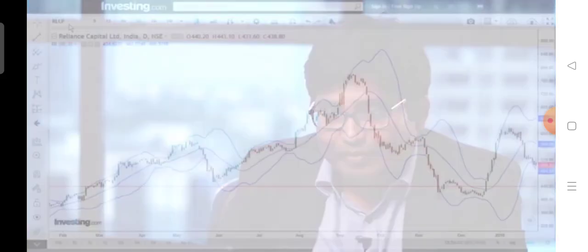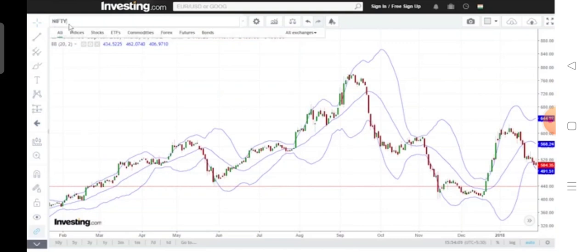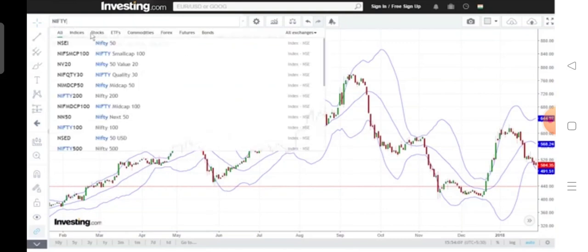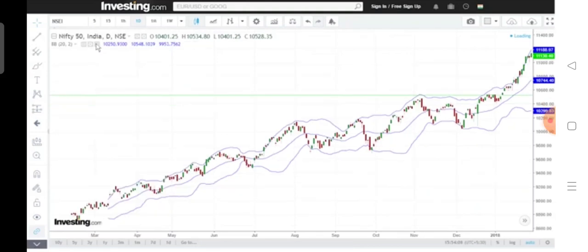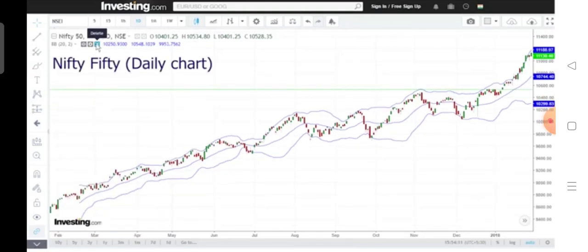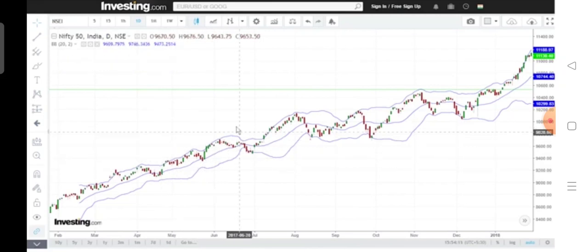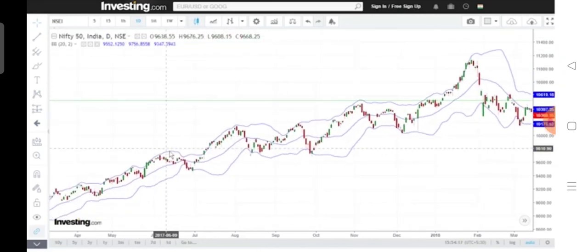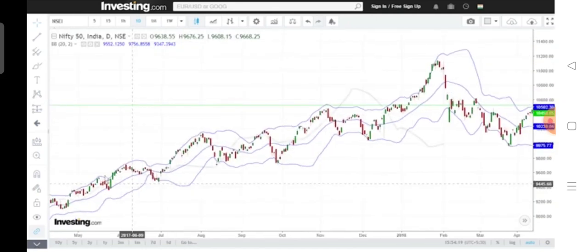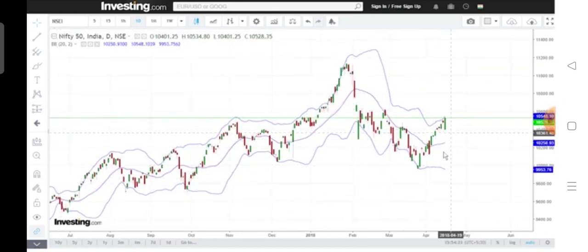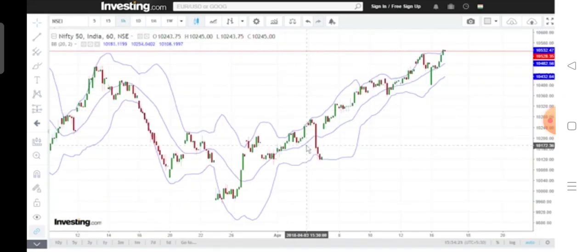For example, let me go to a Nifty chart here. Again, we have shown the Nifty chart in the beginning. See, initially during this up move, the mid Bollinger line was in the daily chart acting as a support. Now let us look at the latest up move that was happening, and I will go to an hourly chart.